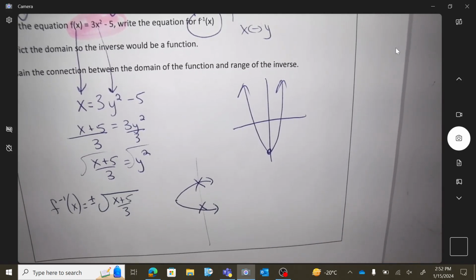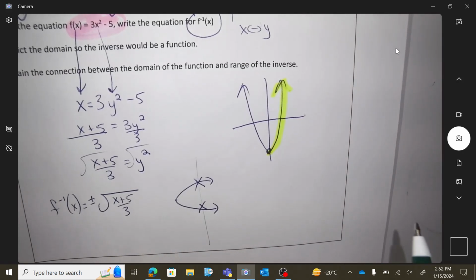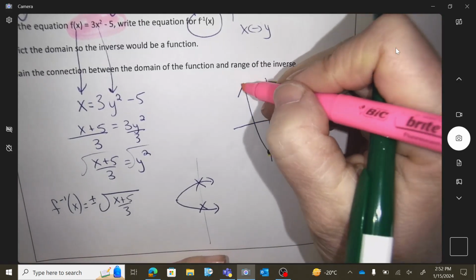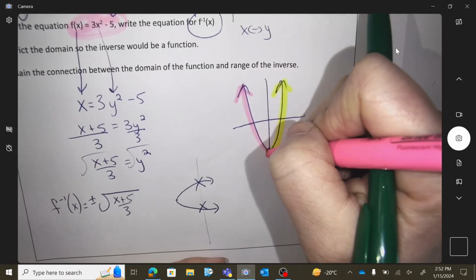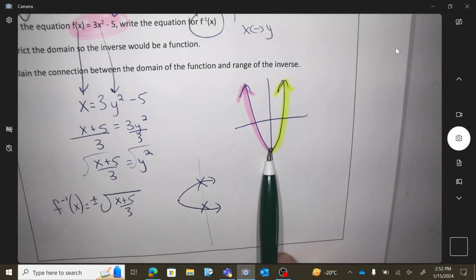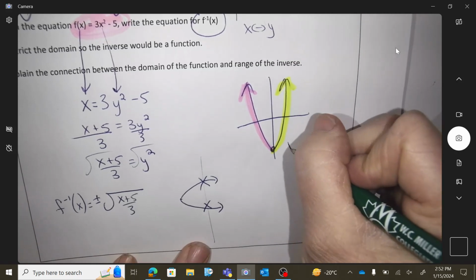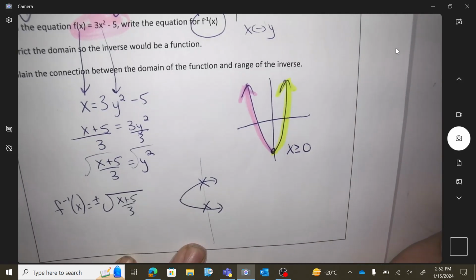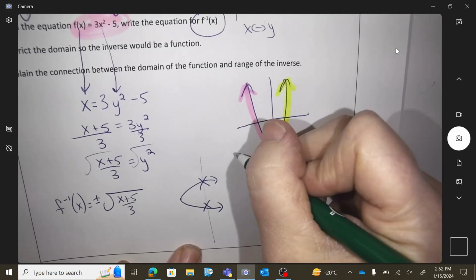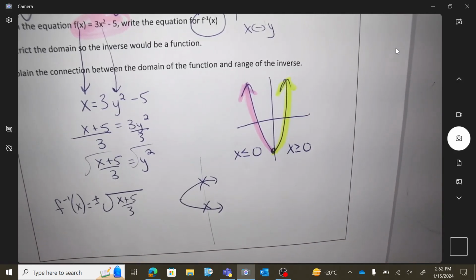You could either take this part of it or this part of it. It doesn't matter. But what would you do for this domain? x is above or equal to 0 would be an option. Or that would be the other option.